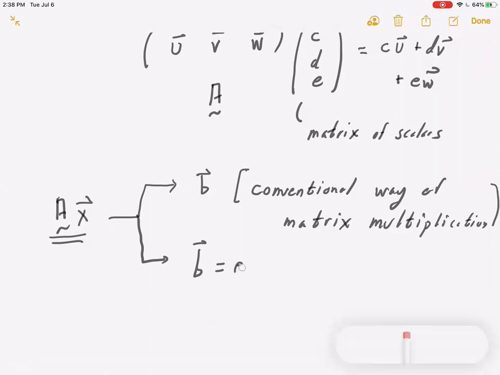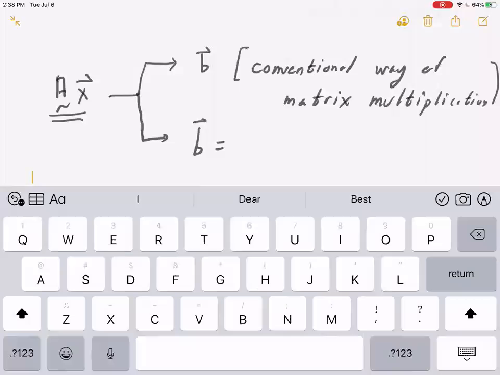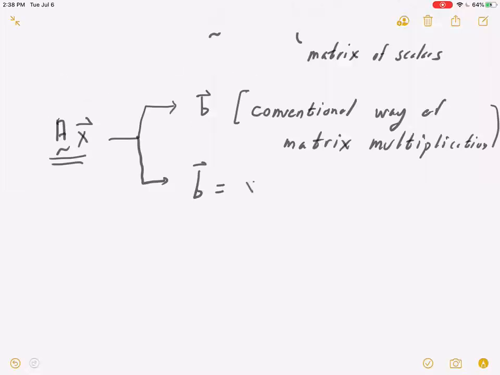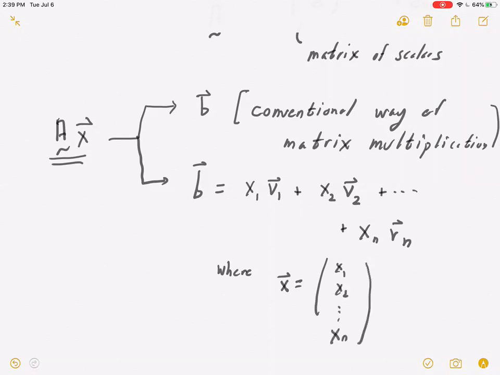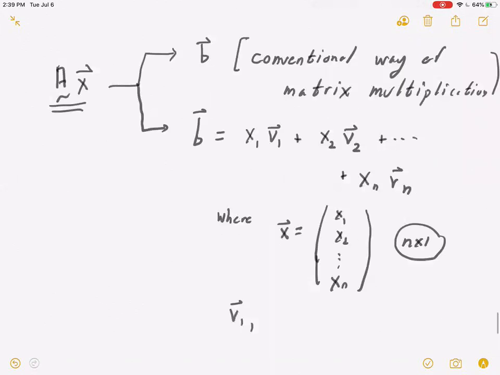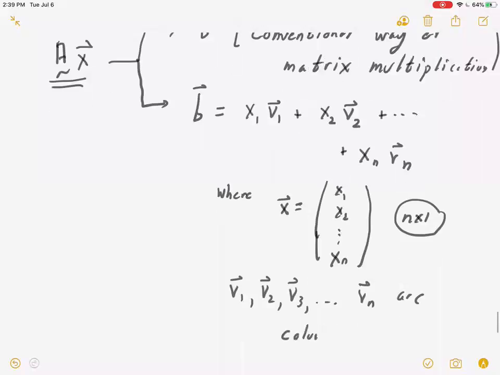B would be X sub 1 times V sub 1 plus X sub 2 times V sub 2, all the way up to X sub n times V sub n, where my scalars X sub 1 and X sub 2 are just components of an n by 1 matrix of unknowns, and V sub 1, V sub 2, V sub 3, all the way up to V sub n are the column vectors.